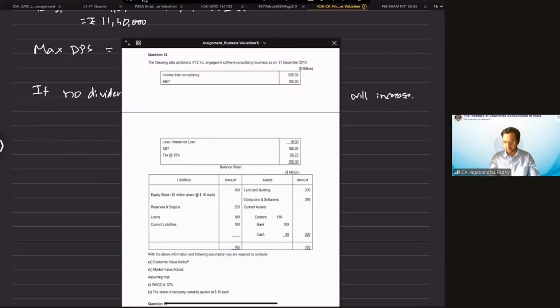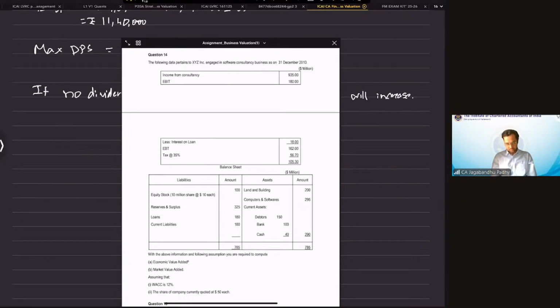So you have a PAT of 105.3. Balance sheet is given in summarized form: equity, reserves, loans, current liability, land and building, computers, and current assets. With the above information and following assumptions, you are required to compute economic value added and also market value added. Assuming that WACC is 12%, shares of the company currently quoted at rupees 50 each.